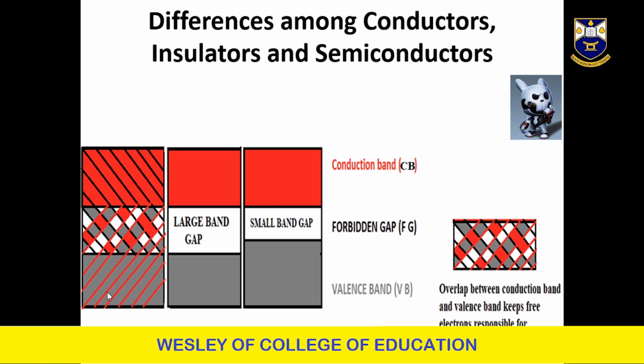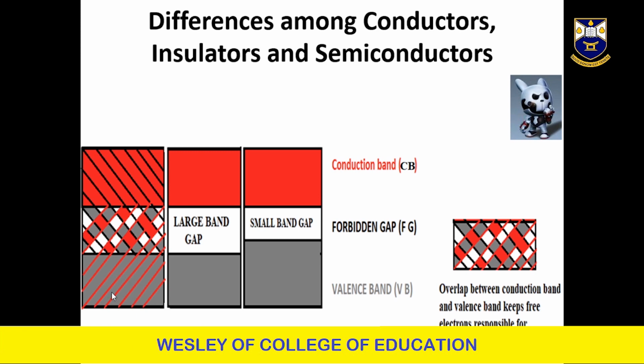And so we see on our slides, from the conduction band, some black lines move directly into the forbidding gap, whereas some red lines move from the valence band into the forbidding gap.